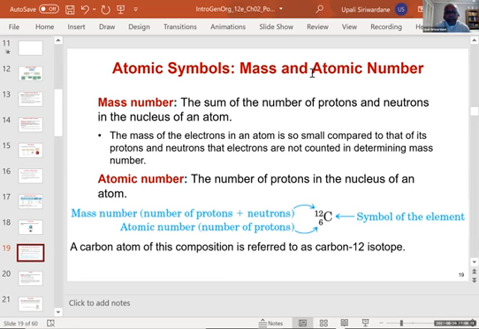The mass number of an atom is the sum of the number of protons and neutrons in the nucleus of an atom.